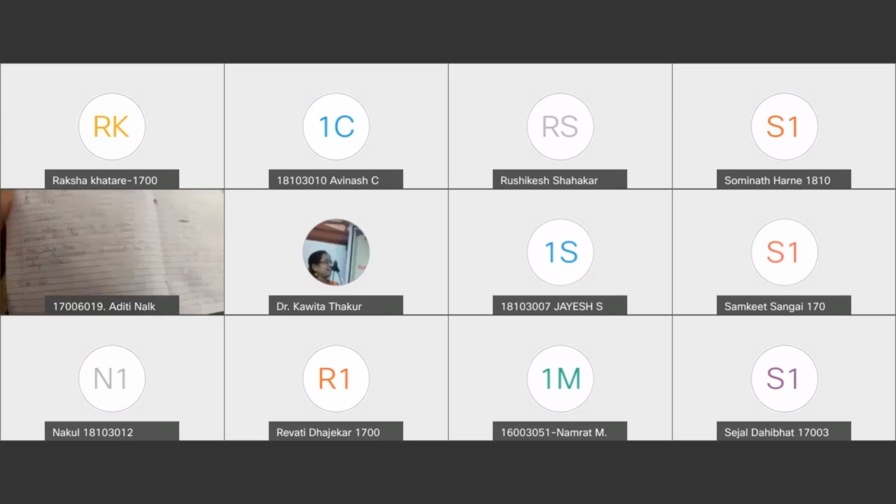Then we see the induction cup relay, and the principle of the induction cup relay is the same as the induction motor. Here we see the diagram of the induction cup relay. In this there are four limbs, wound by the coil. A stationary core is placed between these electromagnets as shown in the figure, and the rotating field is produced by the two pairs of coils wound on the four poles.